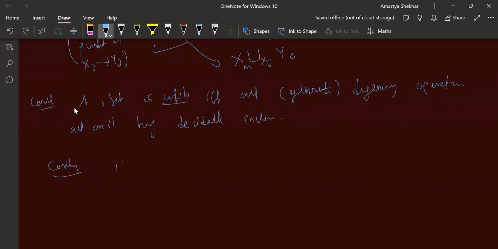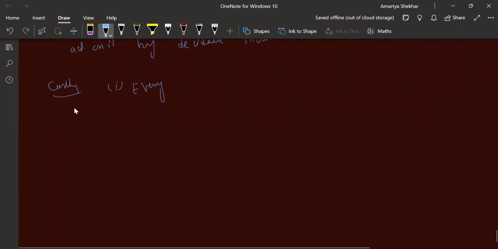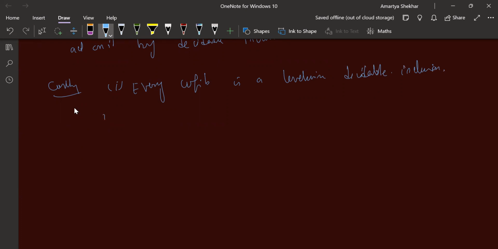So another corollary, first point is, every cofibration is a levelwise decidable inclusion. And a levelwise decidable inclusion with cofibrant codomain is a cofibration.